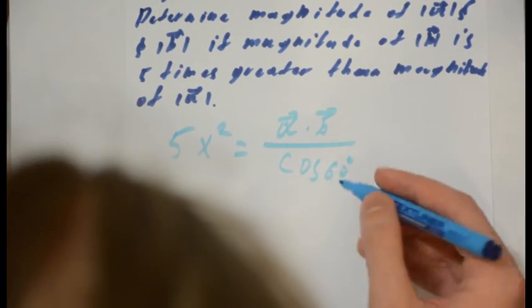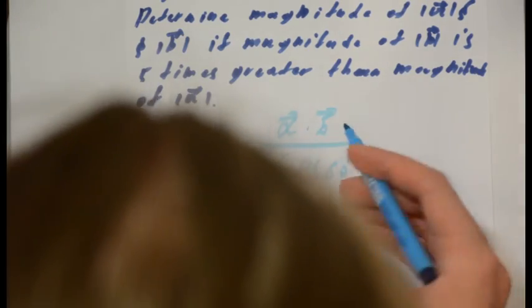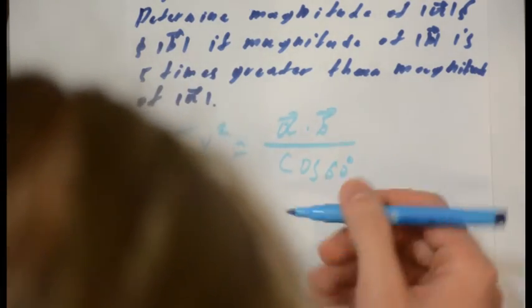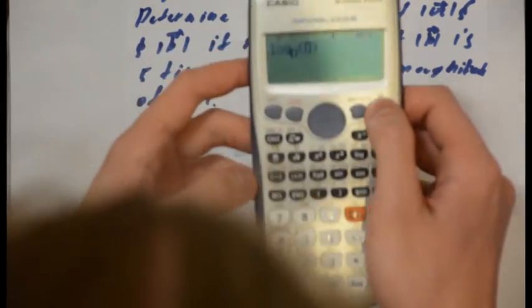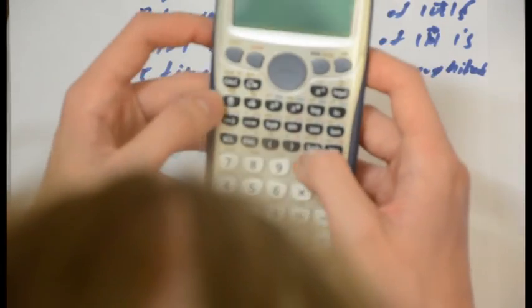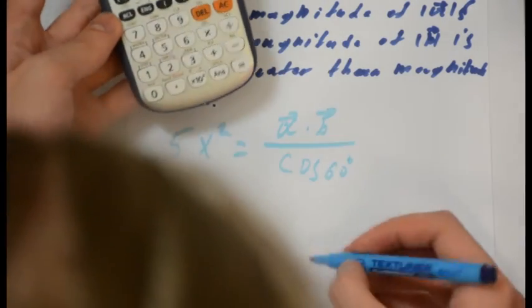And since we know that A dot B is 10, we can just substitute it in, and what we get is 5x squared is equal to 7 over cos of 60. Oh, it's not 7, it's 10. And now it's just going to be equal to 20.